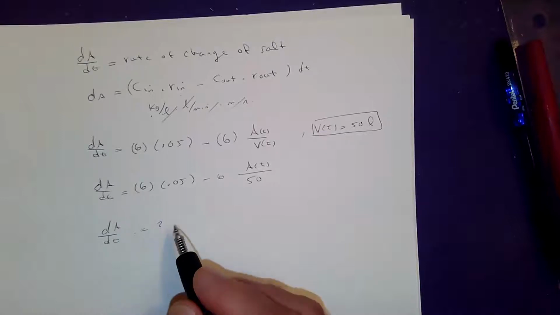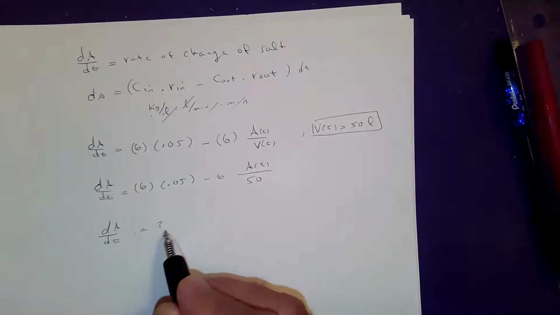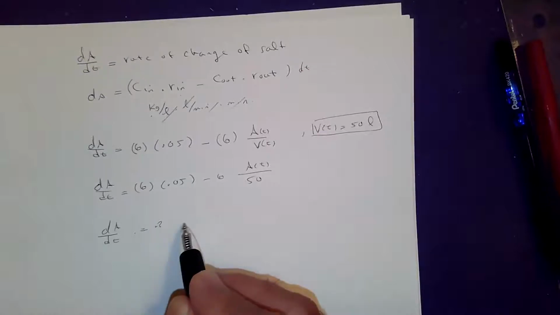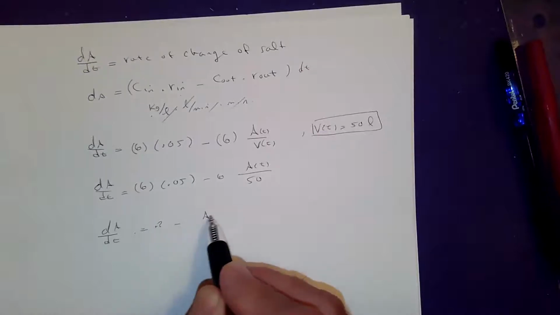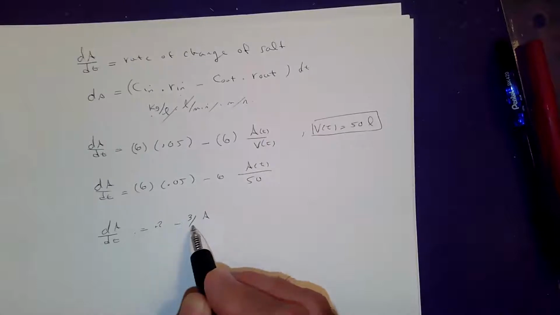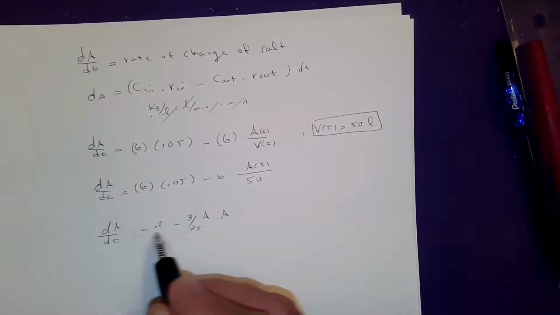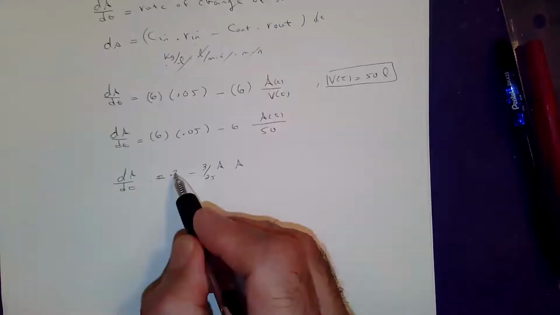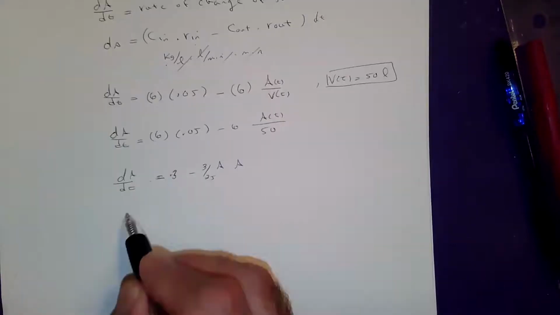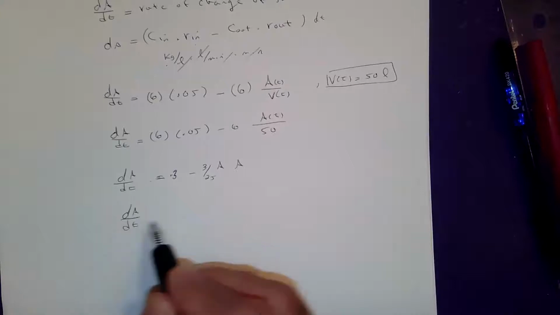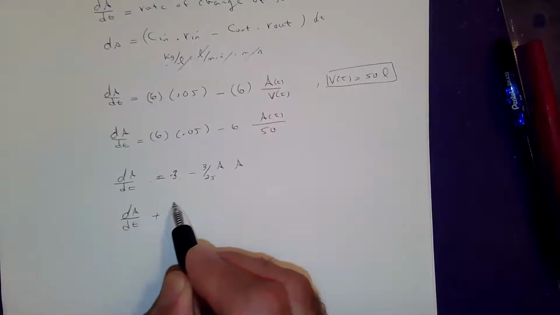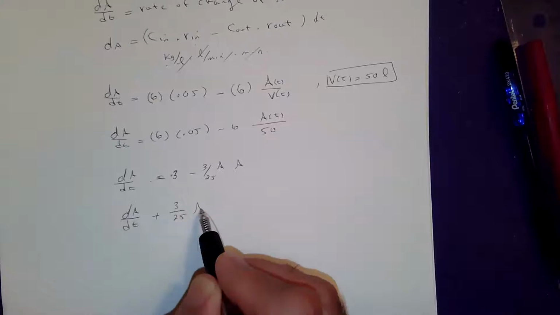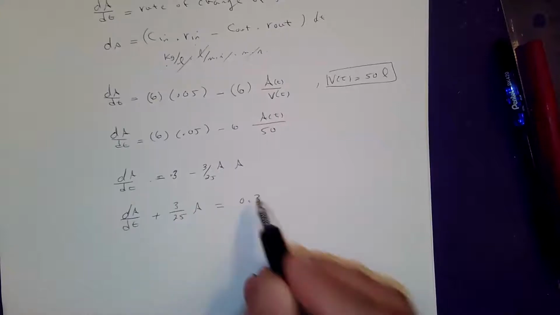And the coefficient of A would be 3 over 25. Just reduce this by 2. So that would be 0.3, right, guys? So therefore, this is dA/dt plus 3/25 A equals 0.3.